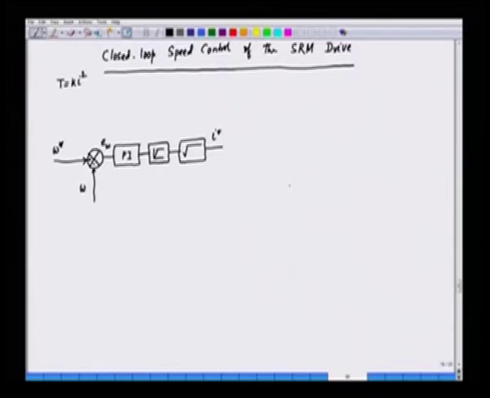This phase current has to be injected into the motor windings for every phase, and then we have a comparator here. The reference is compared with the actual current, and the actual current is I, and this is fed to a controller block.